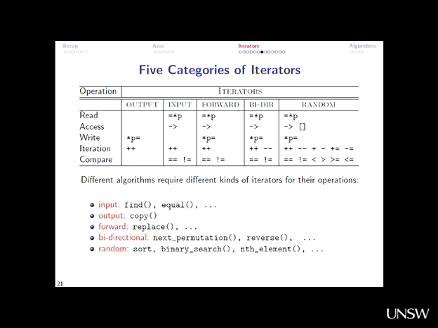And different algorithms, so remember we've got our containers, we've got our iterators, we've got our algorithms, and iterators being the glue between them. Different algorithms require different types of iterators for their operations. So for algorithm find or equals, it requires an input iterator, because it's just working along, looking at the values.